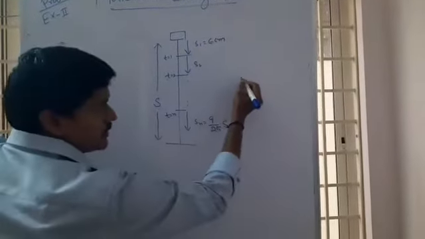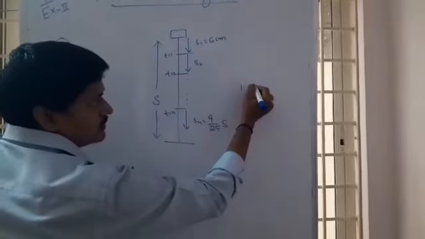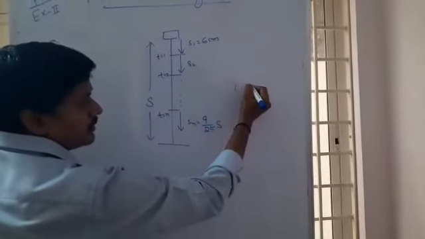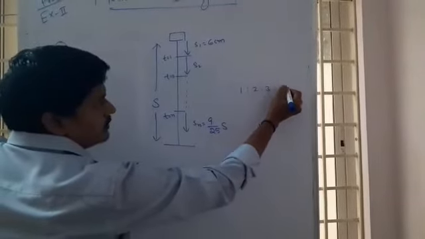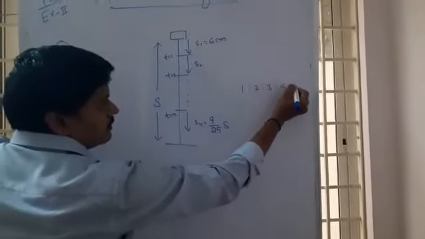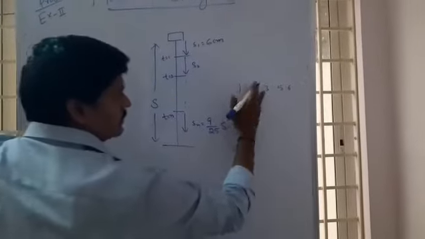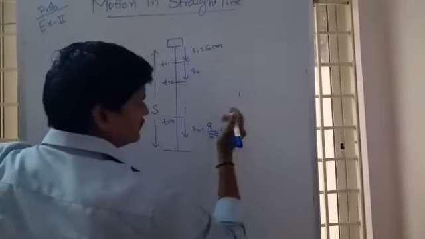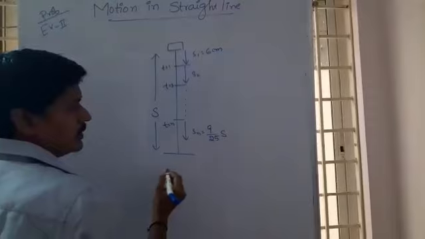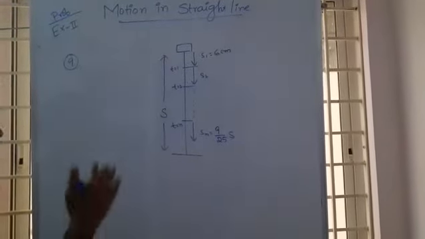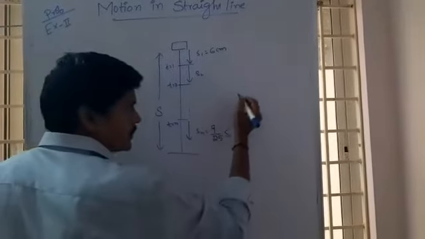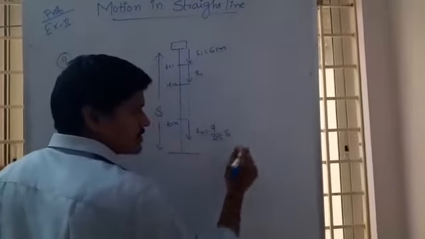Then you know the ratio, that is 1 is to 3, 5, 7, 9. A body covers successive intervals, distance ratio, intervals ratio.